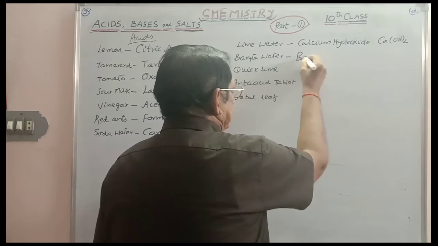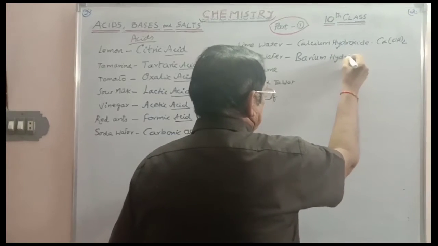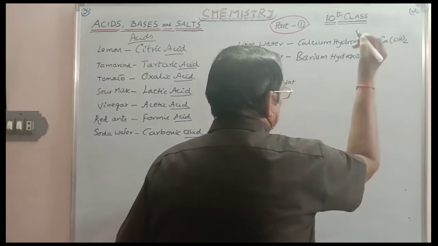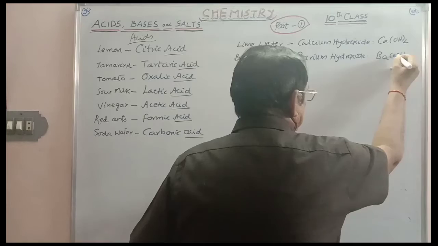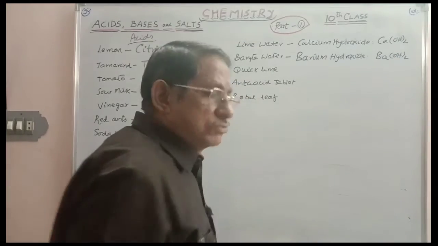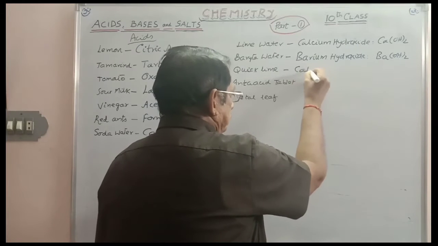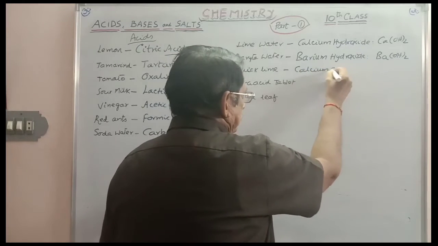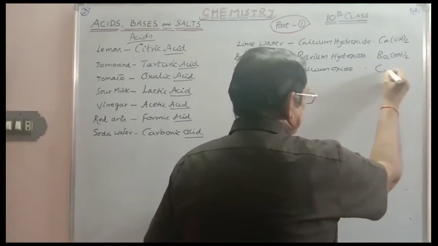Baryta water is nothing but barium hydroxide, that is Ba(OH)2. Quicklime, dry lime, is nothing but calcium oxide, formula being CaO.